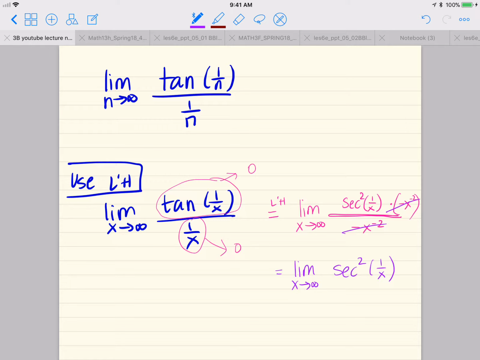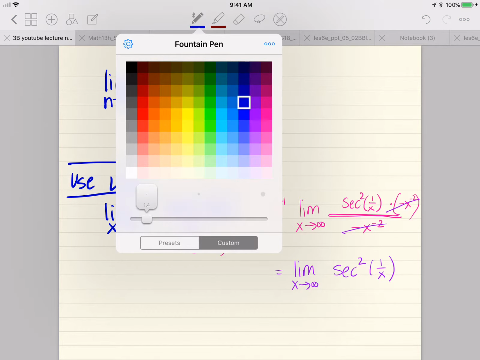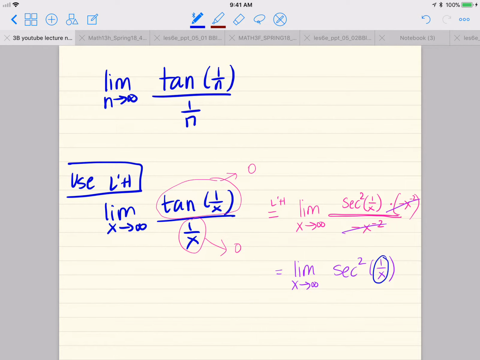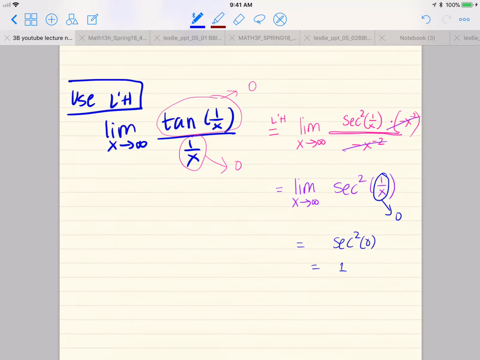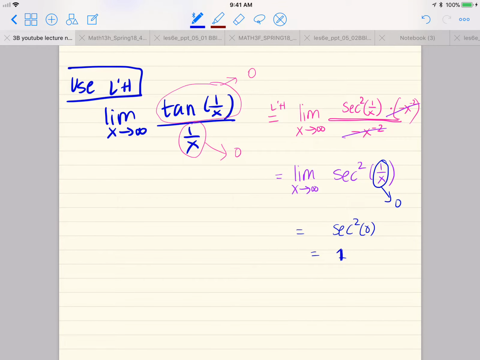As x goes to infinity, 1 over x is going to go to 0, and secant squared of 0 is equal to 1. So my limit L is equal to 1.